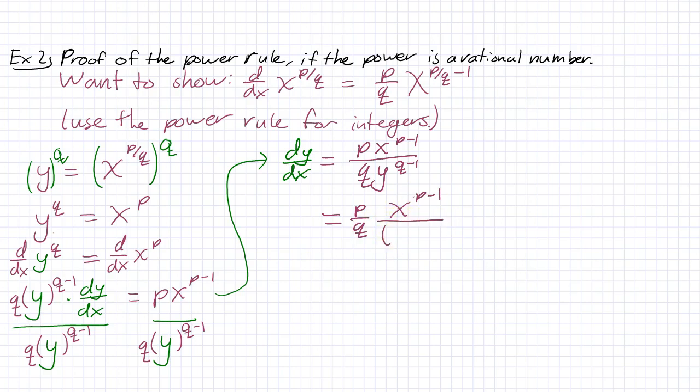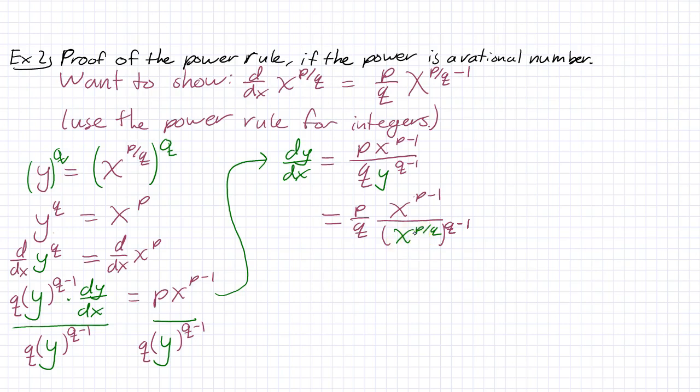And I'm just going to replace that y with x to that power p over q, because that was the way it was defined. That y was made up to be a placeholder for x to the power p over q.